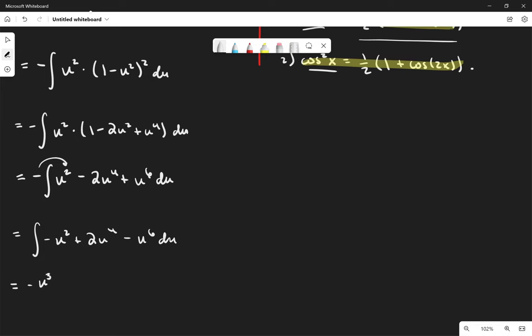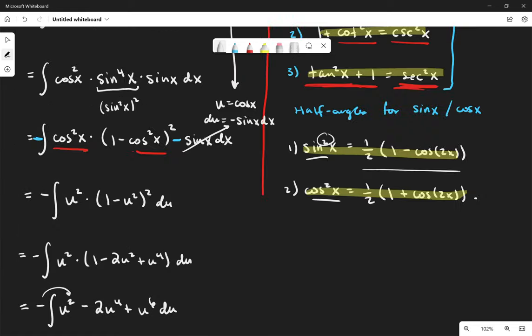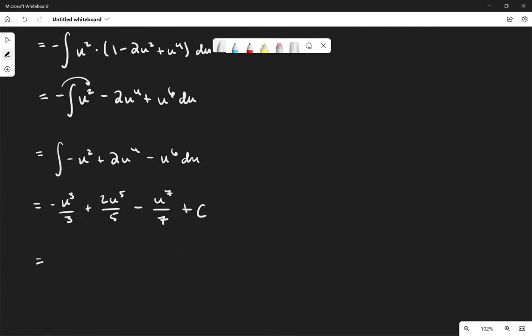Negative u cubed over 3 plus 2u to the fifth over 5 minus u to the seventh over 7 plus c. And now I can throw in u equals cosine. Remember, that was my u sub. This is negative cosine cubed x over 3 plus 2 cosine to the fifth x over 5 minus cosine to the seventh x over 7.